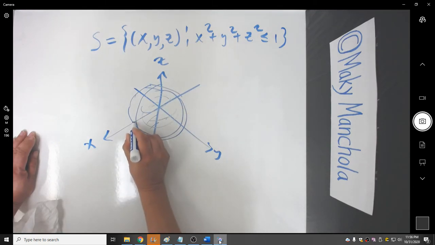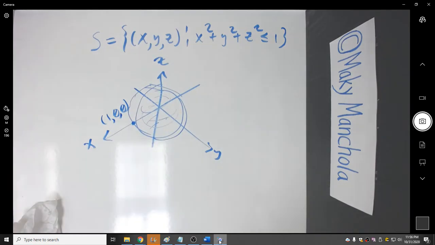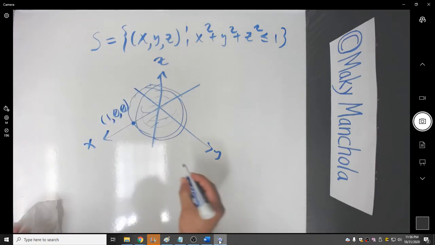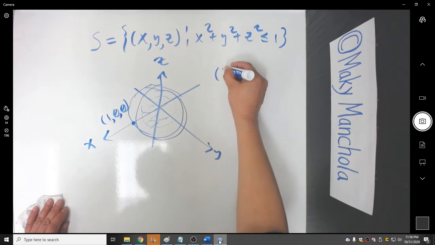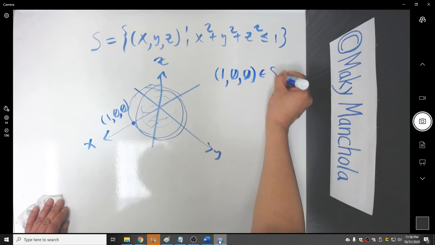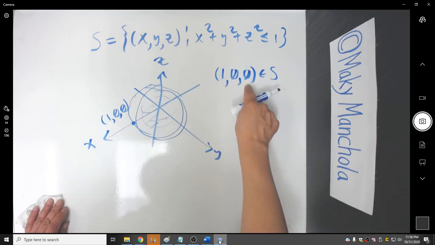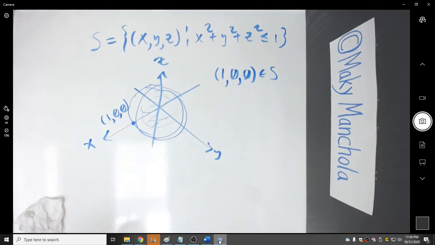Now let me pay attention to this point right here. That's the point (1, 0, 0). Now that is an element of S. So (1, 0, 0) belongs to S. Why? Because 1 squared plus 0 squared plus 0 squared is 1, which is in fact less than or equal to 1.